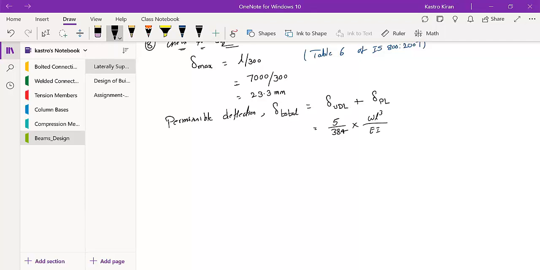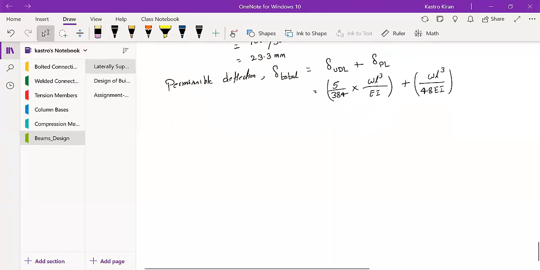And the deflection due to point load is given as WL cube by 48 EI. Remember these conditions, these are simple structural analysis concepts. If you solve for this, you get the total deflection as 7.91 mm. Therefore, the value of delta max is greater than delta total, so that means it's in a safe condition.